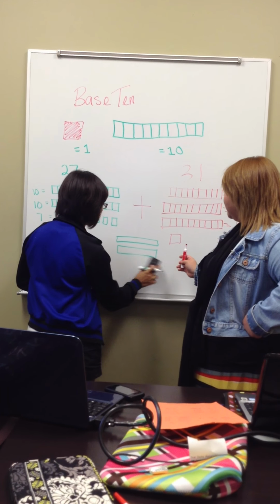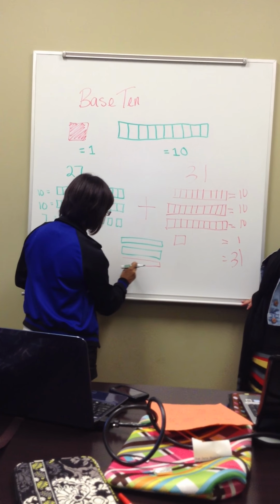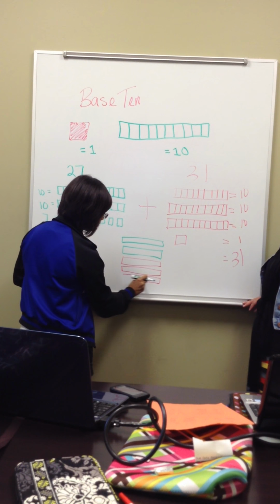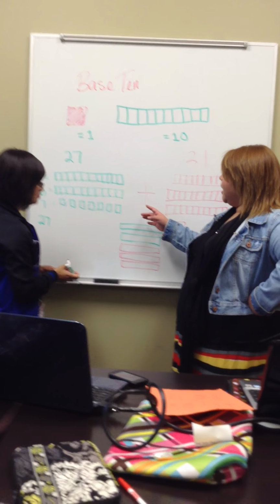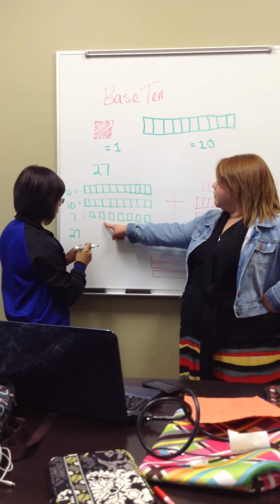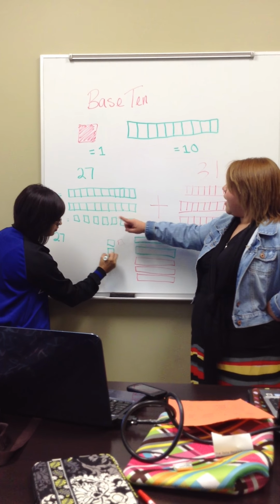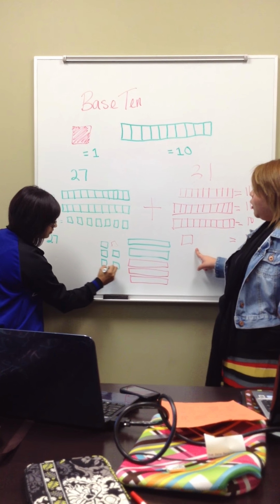Let me use your color for yours. So you go ahead and write the 5 sticks, that value in 10. And the ones, we can go ahead and count them as 1, 2, 3, 4, 5, 6, 7, plus the 1.